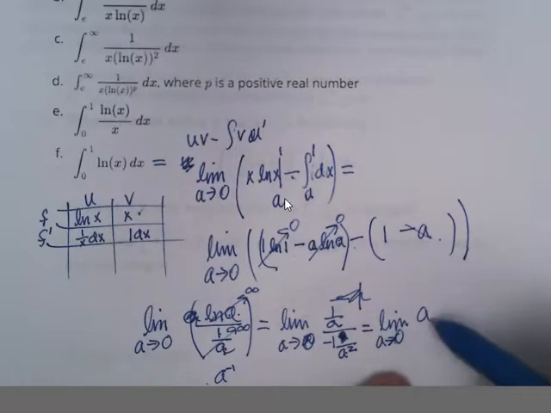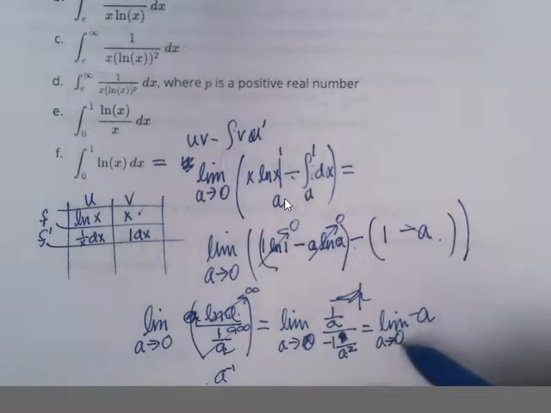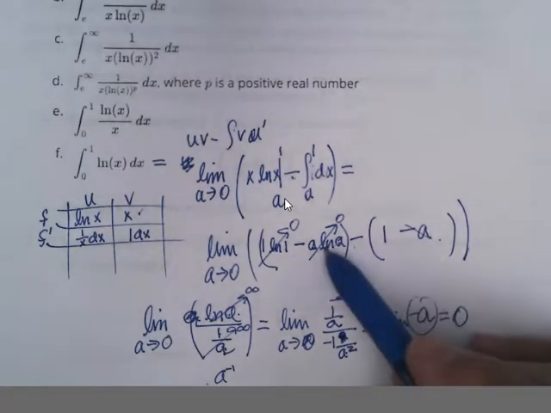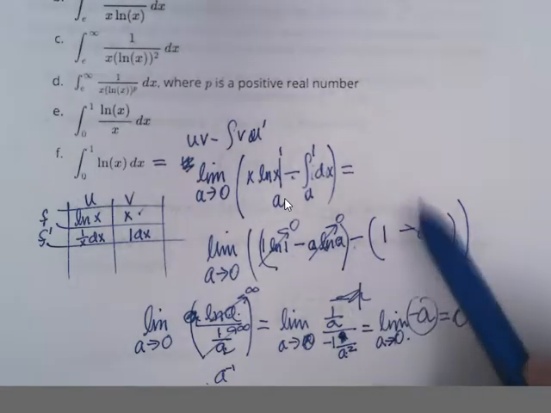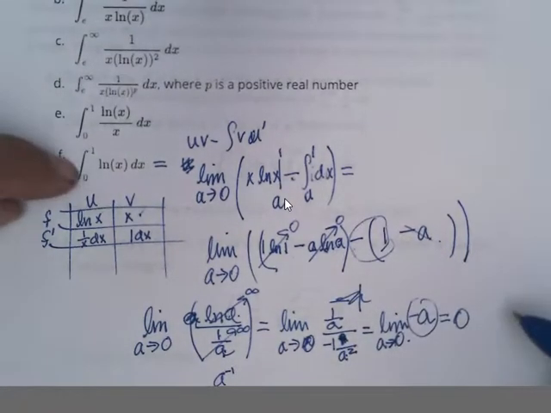The a squared over a is just a, and we get a minus. And as a goes to 0, this goes to 0. So this does go to 0, and we get only the minus 1. And so the limit, this converges on minus 1.